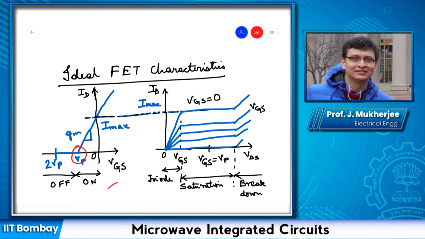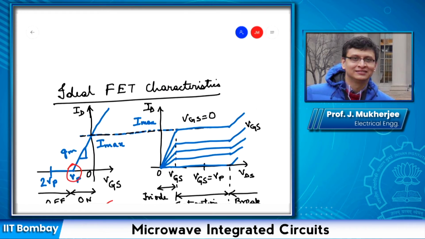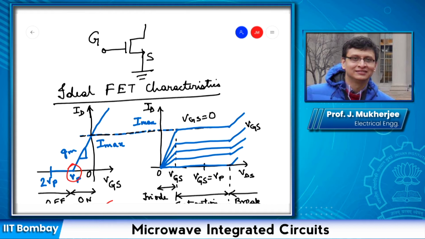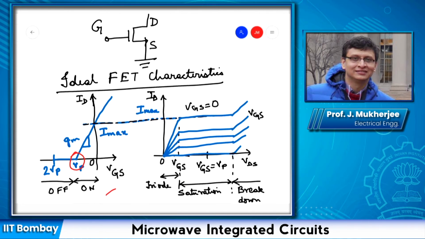Now at this point it's necessary to say which is which terminal. So our FET is like this. And these are what are called the DC characteristics.